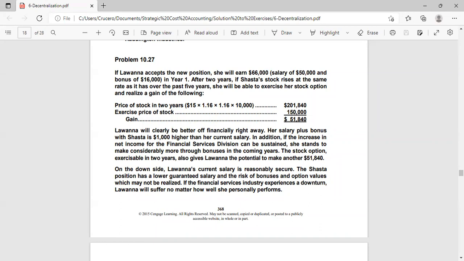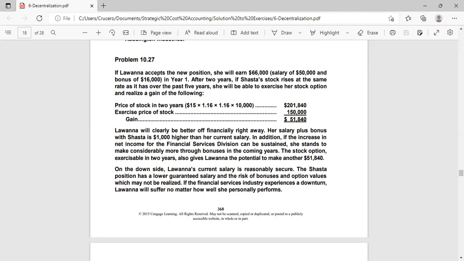The offer includes a salary of $50,000 per year, annual bonuses of 1% of divisional operating income, and a stock option plan for 10,000 shares of Shasta stock to be exercised at $15 per share in 2 years.